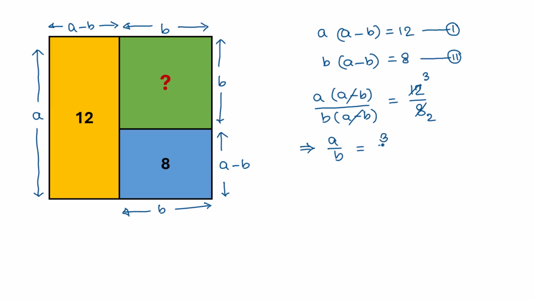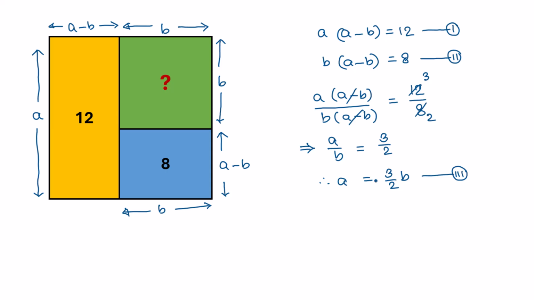So 3 over 2. Now multiplying both sides by B, we will get the value of A. So A is equal to 3 over 2 times B. Consider this as equation number 3.